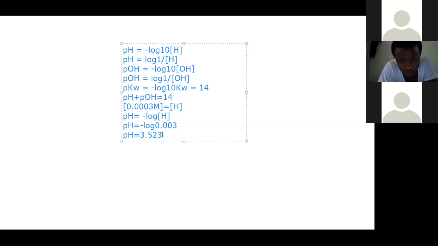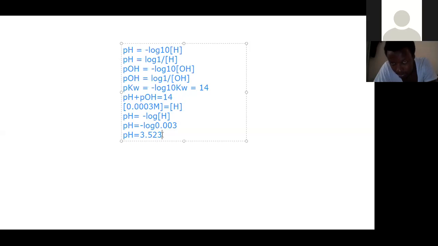Okay, so those of us who didn't understand, let's do it. Maureen, tell us how you did it. We were given pOH as 11.5, but we are finding hydrogen ions, H plus.